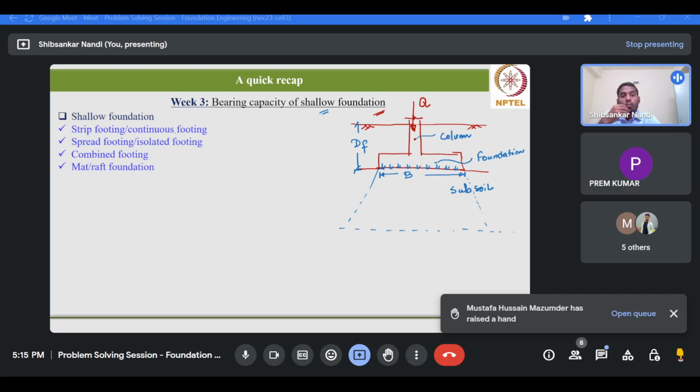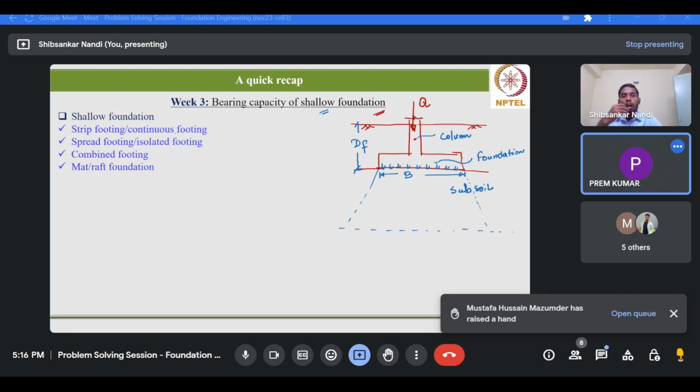In which sense are you asking this question? Sir, if I am calculating the bearing capacity of soil, we consider the width of the footing, the column which you are putting, only that width, not the whole area on which we are putting the column.